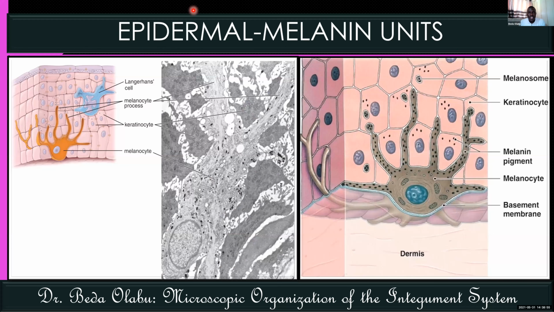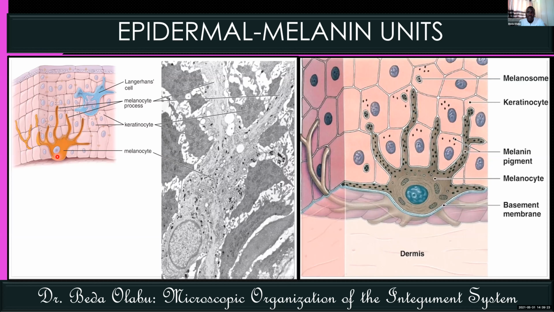I want to mention something called the epidermal melanin unit. The epidermal melanin unit refers to one melanocyte and all the keratinocytes that it distributes its melanin pigment to. So the understanding is that the melanocytes are found on the stratum basale.